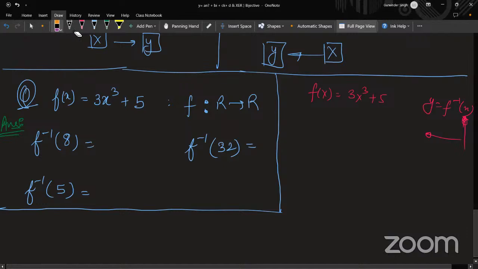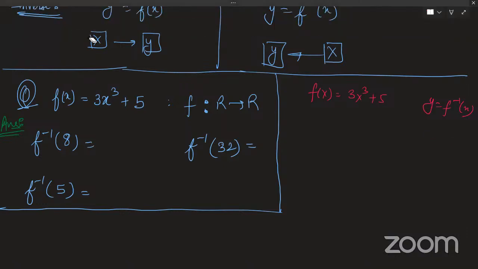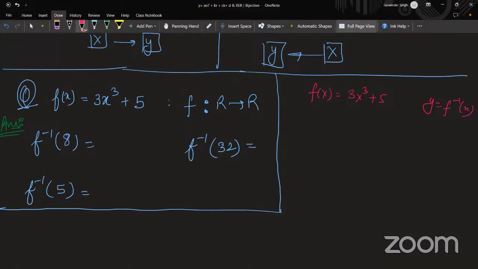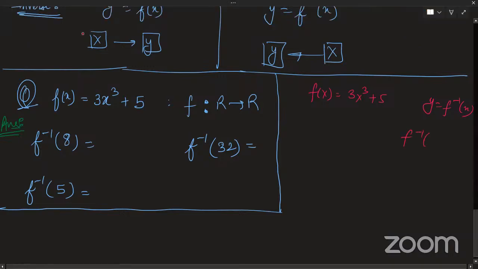Just the opposite, a replica. I have f of x is equal to 3x cube plus 5. So f inverse of 8 basically means: find x such that f of x is equal to 8.